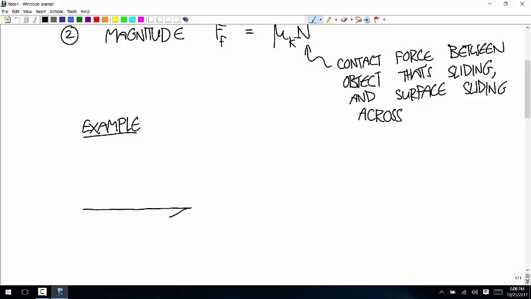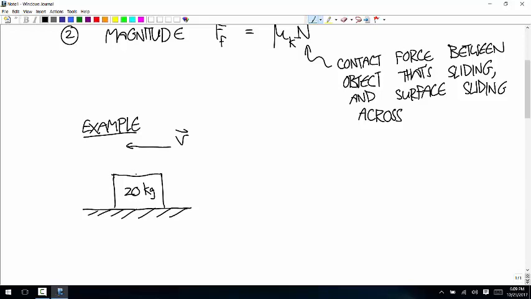Okay, so let's say there's a box sliding across the floor. And the box has a mass of 20 kilograms. And the box is sliding this way, so that's the direction of the velocity vector.